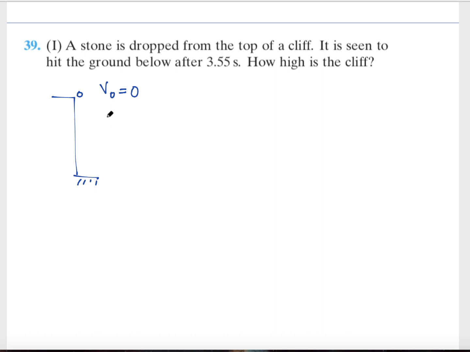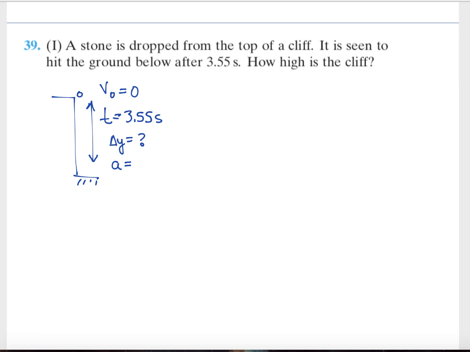I know that after 3.55 seconds, it hits the ground. I don't know how far it falls, so my change in y, my y displacement, is unknown. I do, however, know my acceleration. So my acceleration is, you can either say negative or positive 9.8.